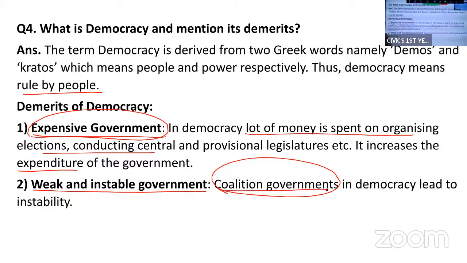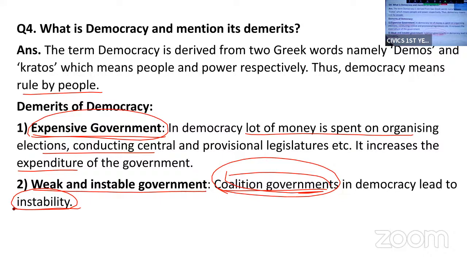So this is a new trend in forming the government. If a government is a coalition government, then it may be unstable. The parties which are supporting may withdraw the support and the government may fall.